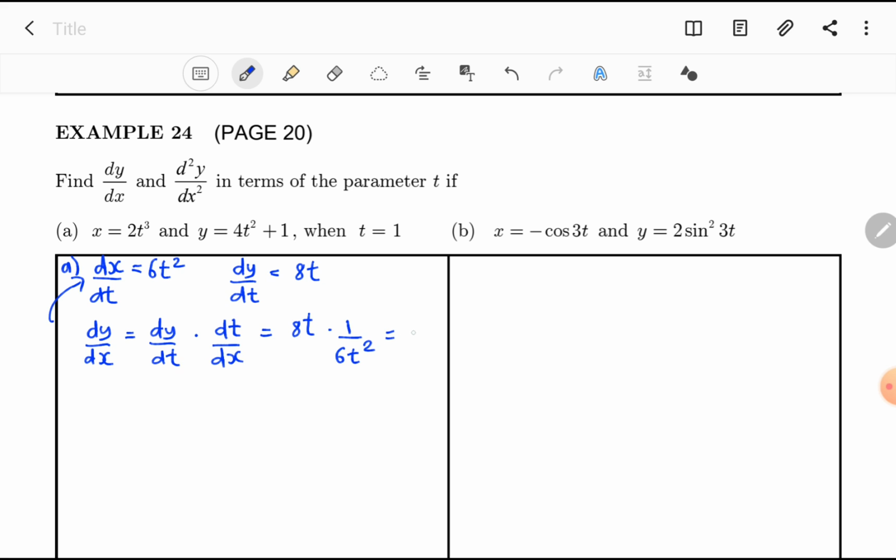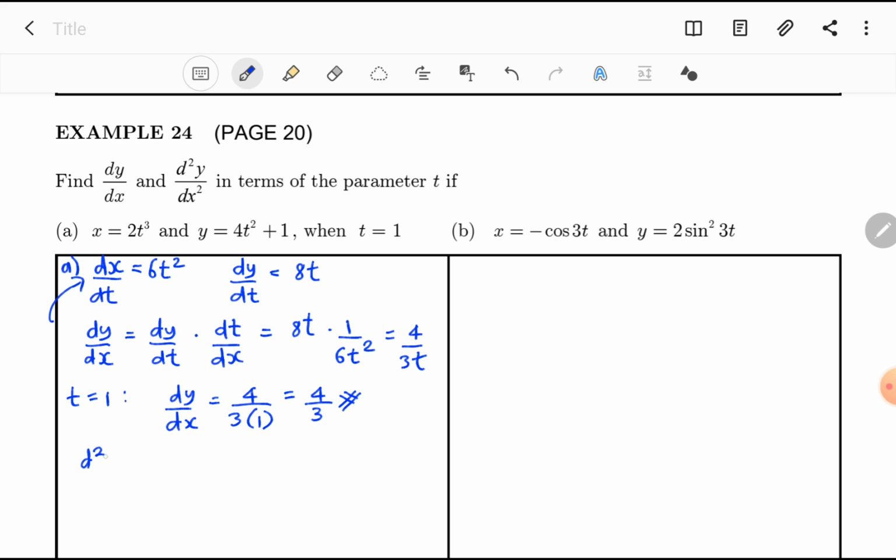So the answer is 4 over 3t. When t equals 1, dy/dx equals 4 over 3 times 1 equals 4 over 3.